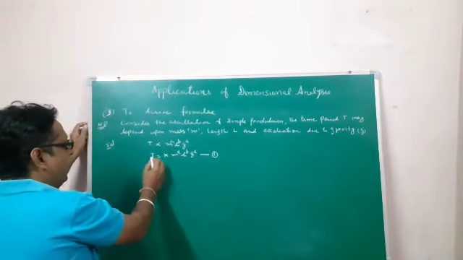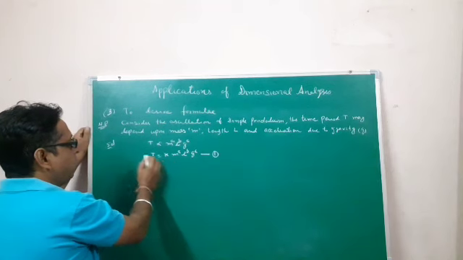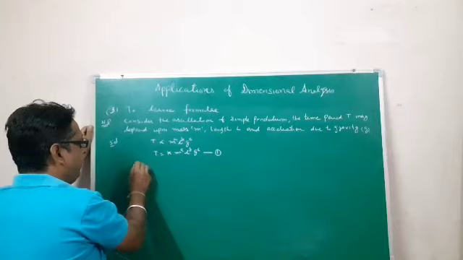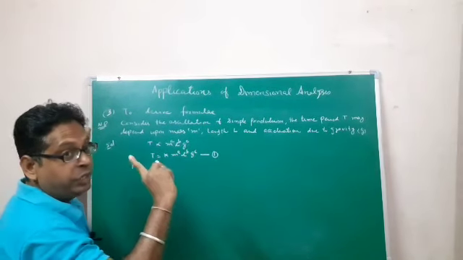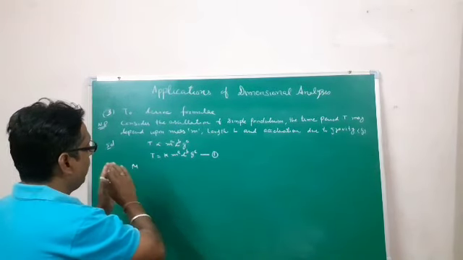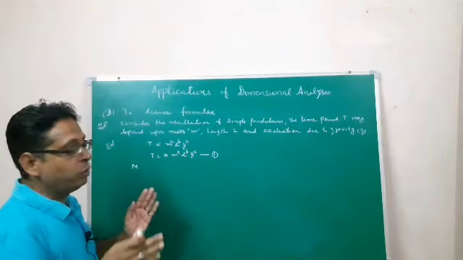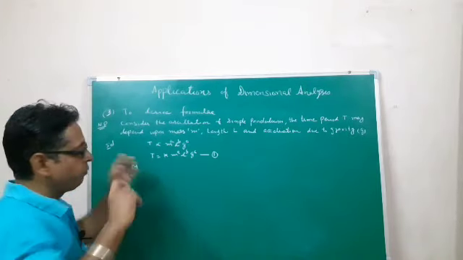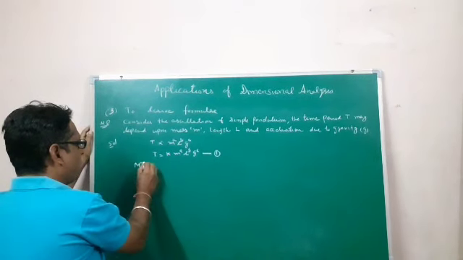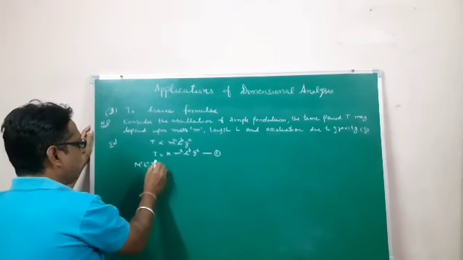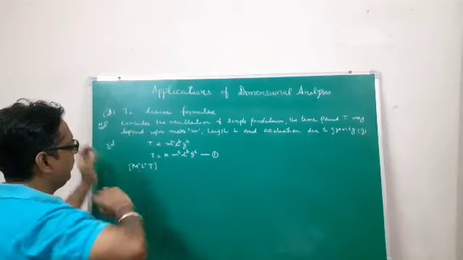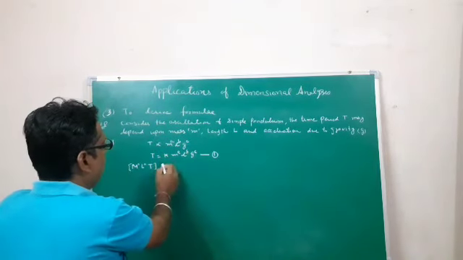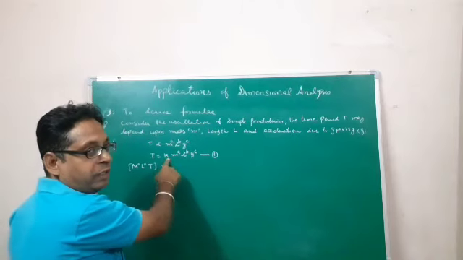So here time period is T, right? So this T has dimensional formula M raised to power 0, L raised to power 0 for the symmetry, and T. This is the dimensional formula for time period T. Now k is any constant.